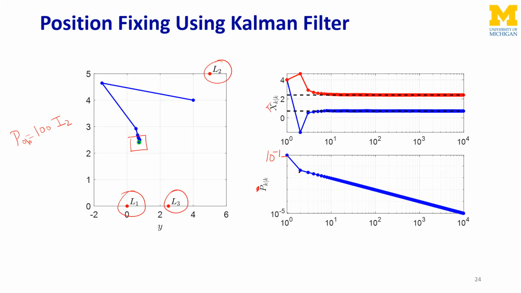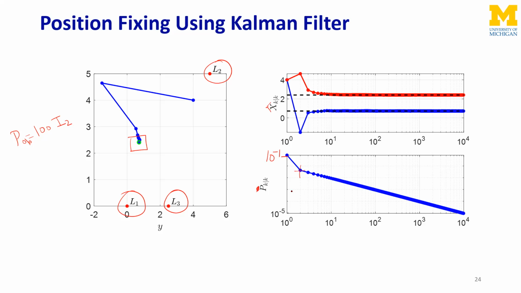We have a little kink here. This moment shows the instant at which the covariance of the state estimate gets better than the measurement noise.